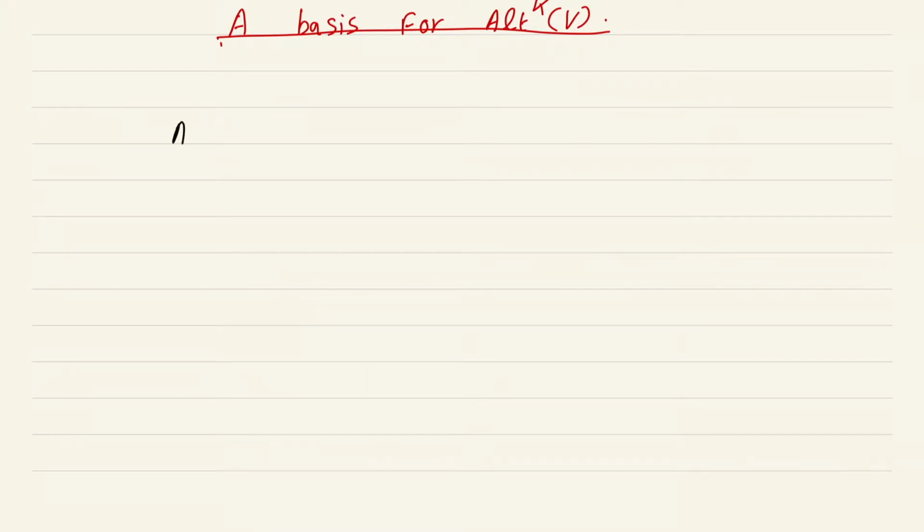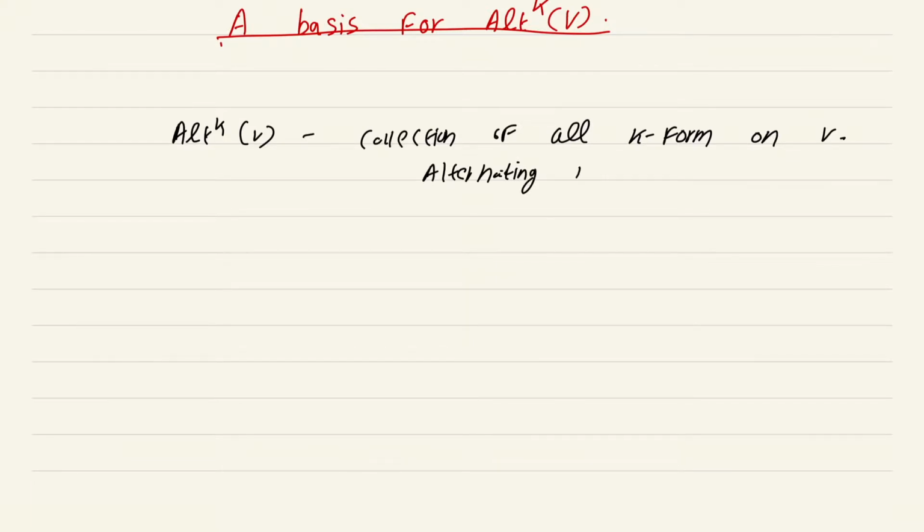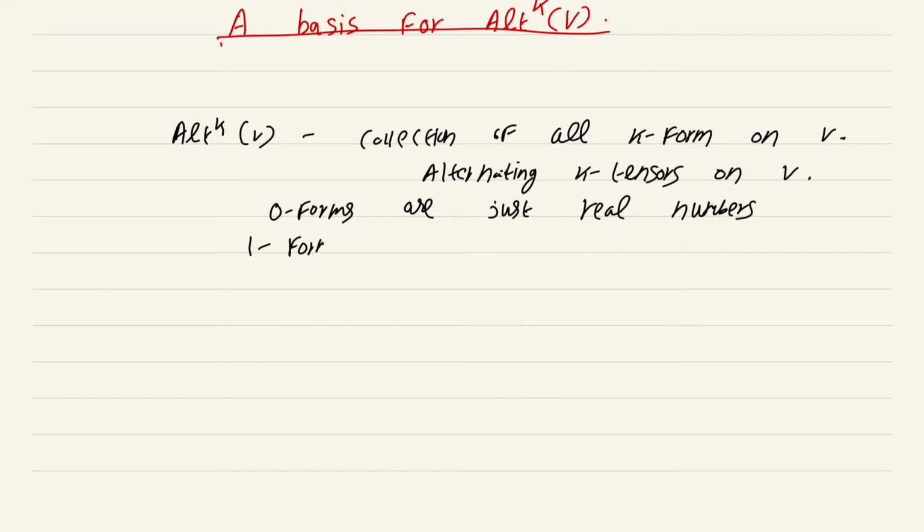So let's recall, Alt^k(V) is the collection of all k-forms on V, and k-forms are just alternating k-tensors on V. And to recall further, zero-forms are just real numbers, and one-forms can be identified with the dual space V star. So the goal is now to find a basis for Alt^k(V).